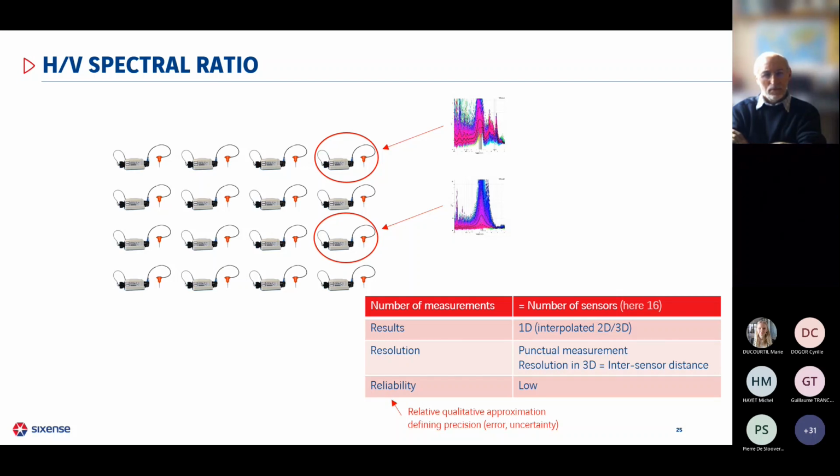And to obtain, let's say, a 2D model, we could interpolate these 1D results. The horizontal resolution would be equal to the distance between the sensors. And when it comes to reliability, it's definitely not the most reliable method, but it's a simple and fast one.